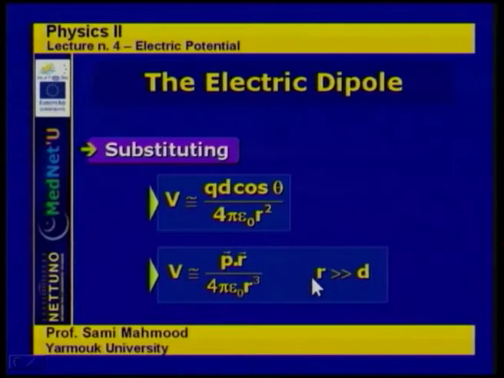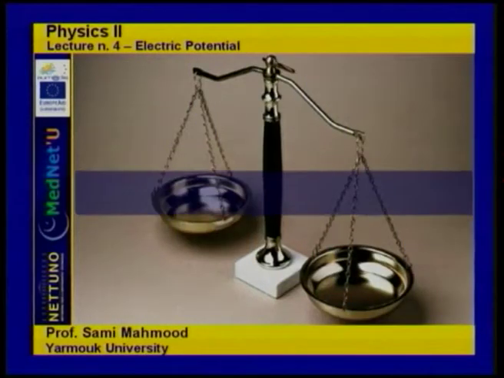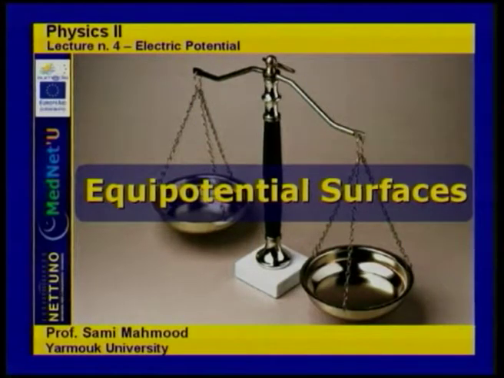And now we talk about the concept of equipotential surfaces. This is a concept that is linked with the concept of potential. From the name, an equipotential surface is a surface where the potential is equal on all points of that surface.